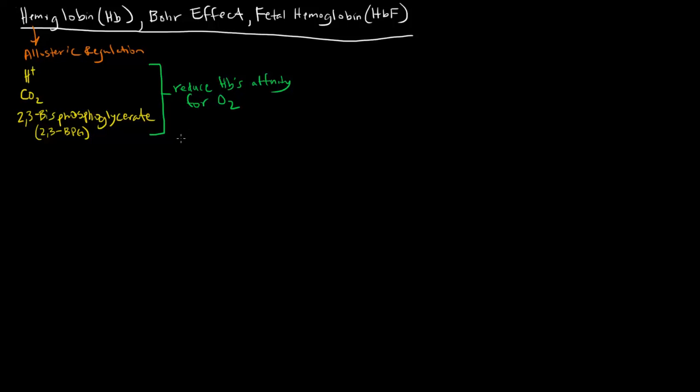Now how do they do that? Hemoglobin, this is something I didn't mention in the other video, has two states that can be stabilized. There is the R state, or the relaxed state.